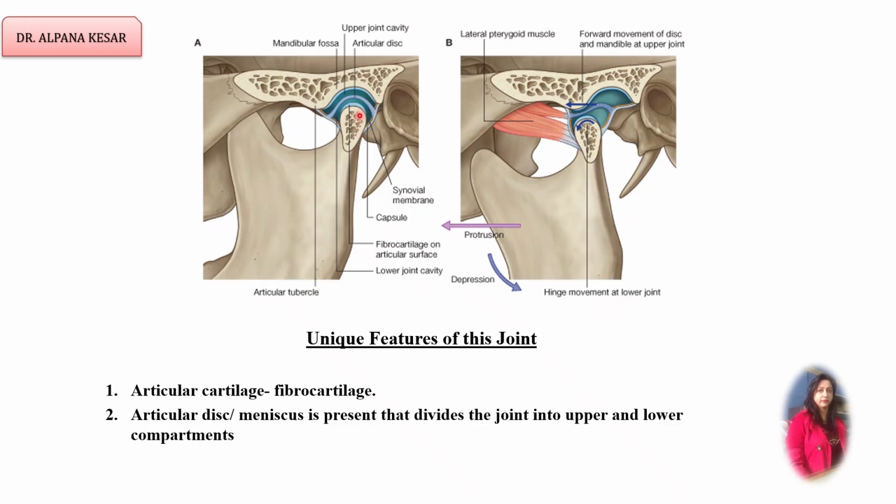The articular cartilage, which is this that covers the articular surface, is fibrocartilage and not hyaline cartilage as seen in other synovial joints. 2. There is present an articular disc. Articular disc is also called meniscus. This articular disc, which is present in the joint space, divides the joint space into an upper compartment and a lower compartment.